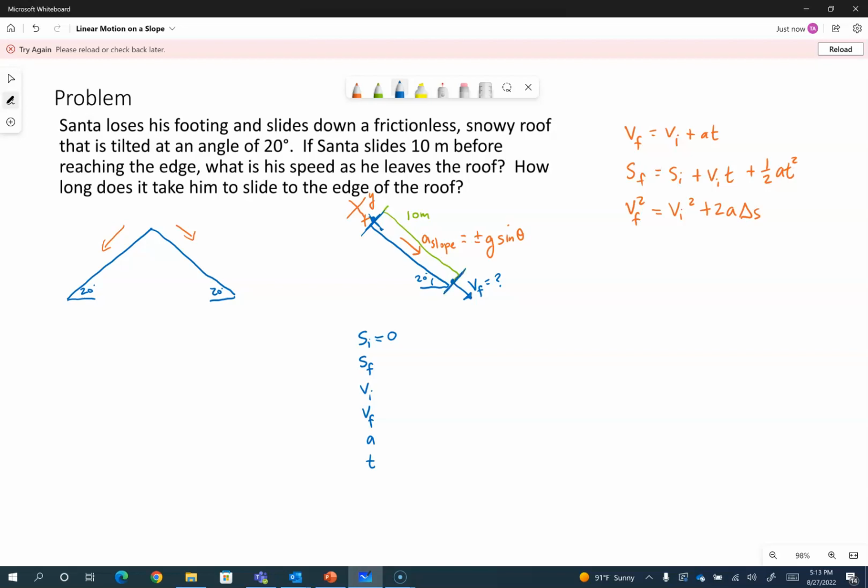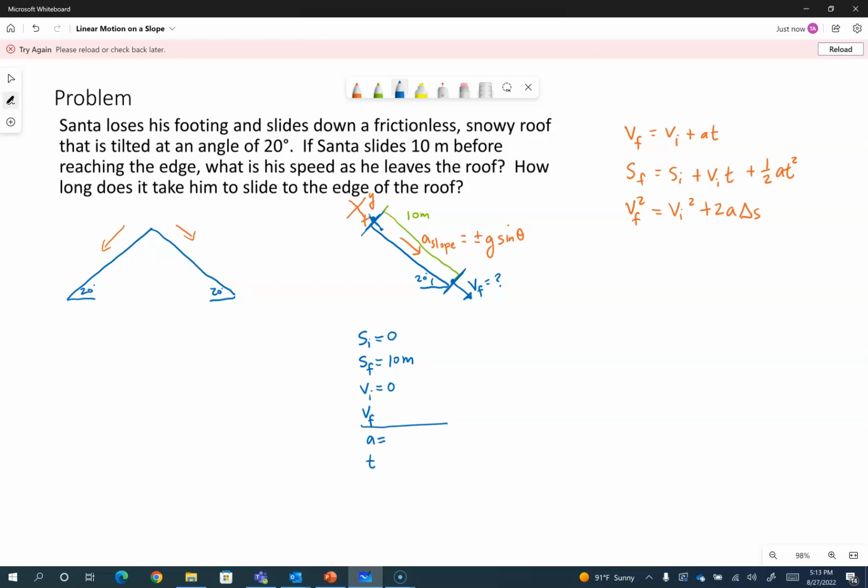Finally, right as he's reaching the edge, the problem tells us he slides 10 meters before reaching the edge. When he loses his footing and then slides down, we're implying he just fell over and then starts to slide. So there's no initial velocity to carry him down the roof. V final is what we're looking for.